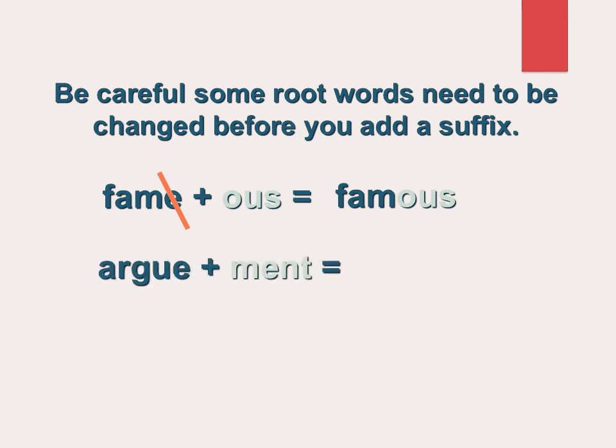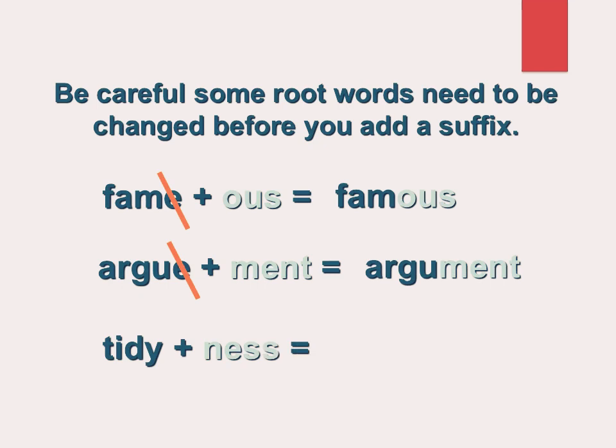What about the word argument? Argument is a noun, and it is formed by the verb argue plus the suffix ment. In this case, the e in the verb is dropped. The word tidiness is a noun, obtained through the attachment of the verb tidy plus the suffix ness. In this case, the y in the verb is dropped.